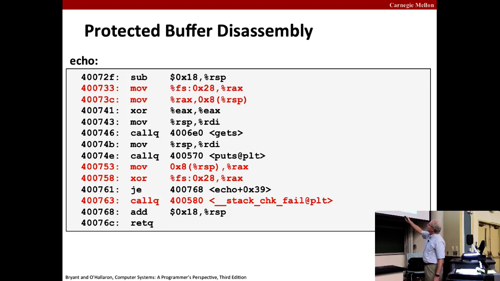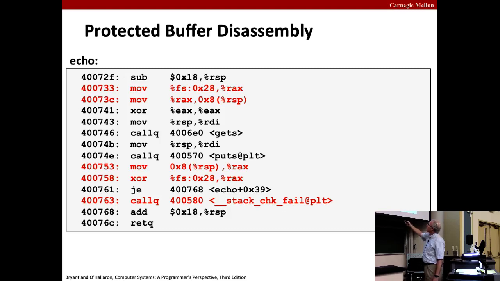But now it's getting some number, and we'll talk in a second what that means, and storing it at offset 8 from the stack pointer. And then the rest of the code, and then it zeroes that out. That's not too worrying. And then it looks like your previous code, passing a pointer to the top of the stack as the argument to gets. And gets gets called, and then puts gets called.